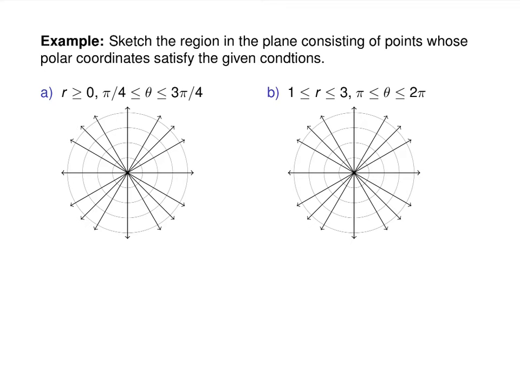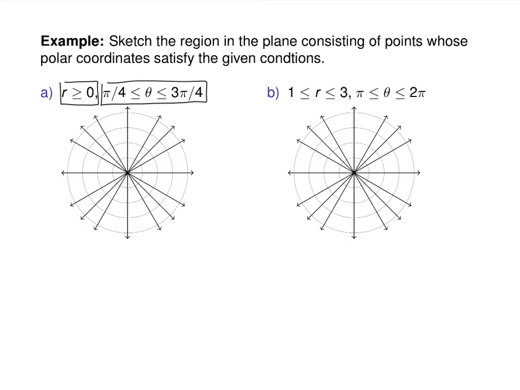All right, sketch the region in the plane that consists of points whose polar coordinates satisfy the given conditions. So the first thing is that r is bigger than or equal to 0, so positive radii, and the angles are between pi quarters and 3 pi quarters inclusive.